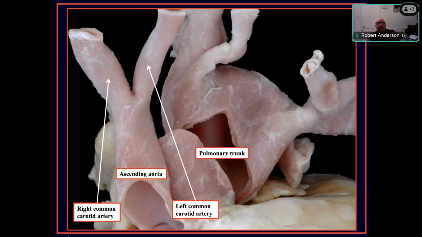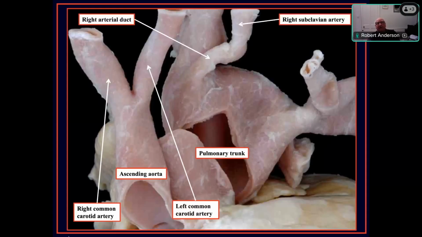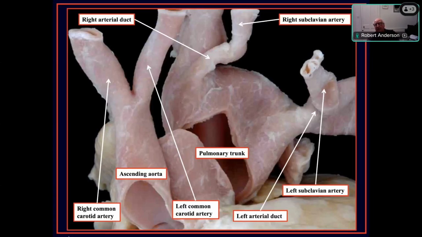So the pulmonary trunk is feeding the right subclavian artery through the right arterial duct and the left subclavian artery through the left arterial duct. And note that constriction between the pulmonary trunk and the left pulmonary artery, that is so-called ductal coarctation.